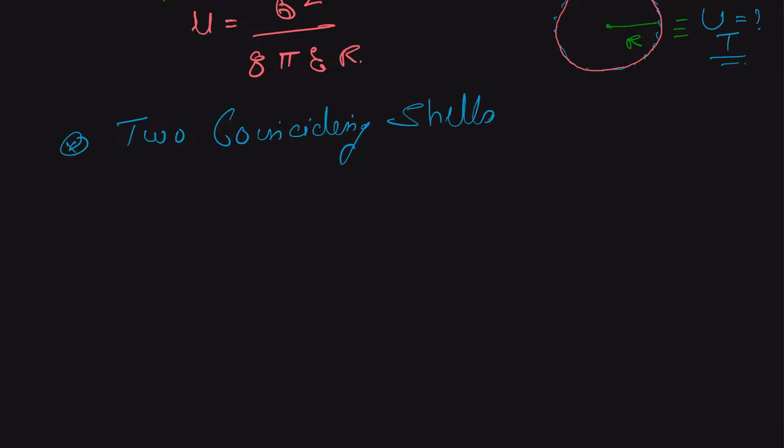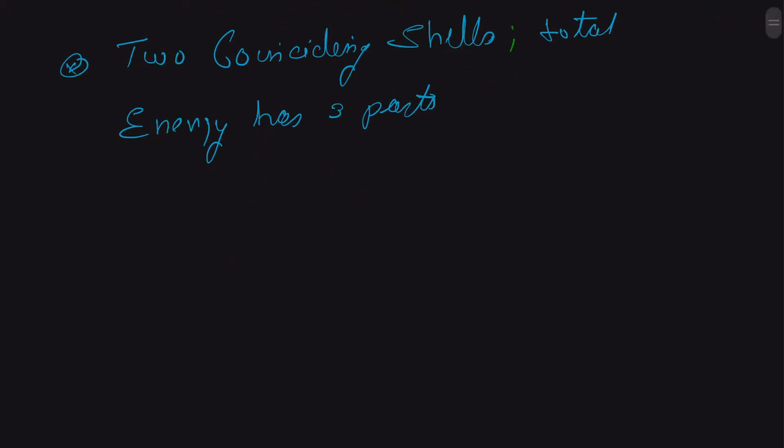The total energy of two coinciding shells has three parts.